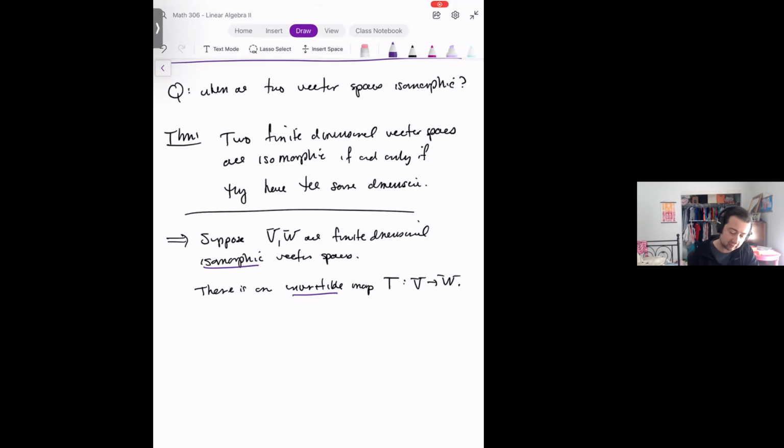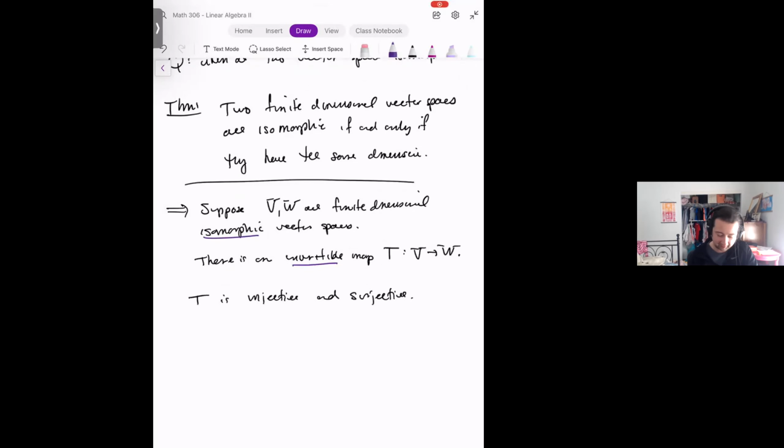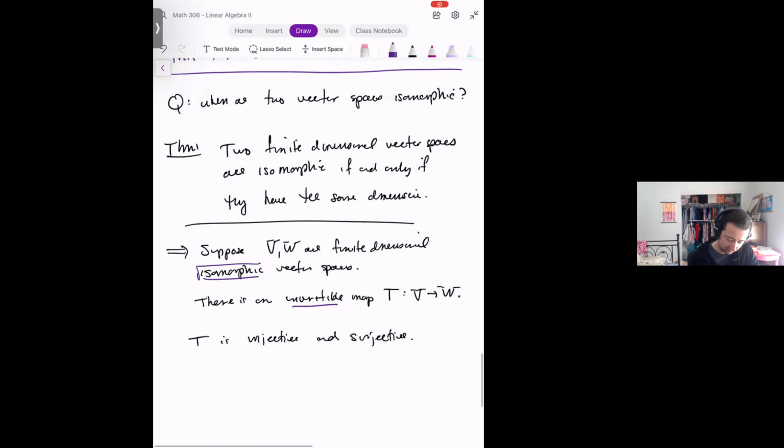What characteristics does an invertible map have? To be invertible means T is injective and surjective. I've emphasized to you a bunch already that you have to know your definitions, because all we're doing is unwrapping definitions here. Isomorphic meant there existed an invertible map.